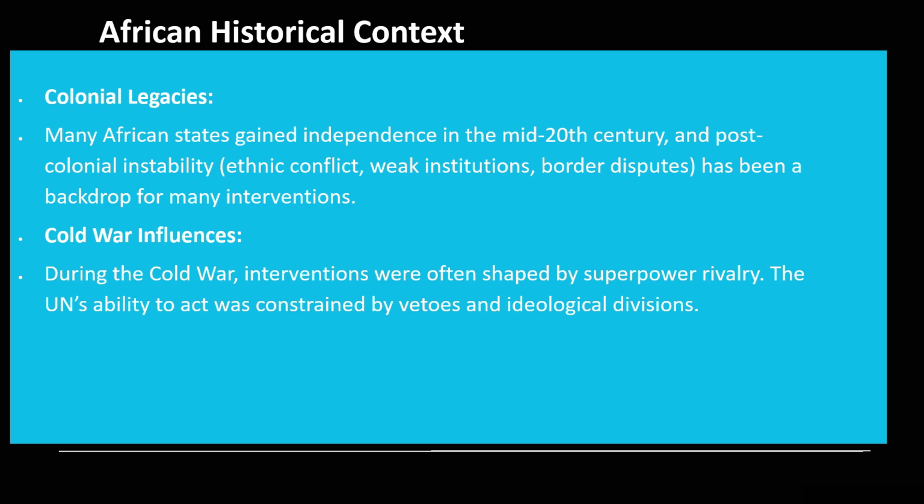Because of that, many of those countries immediately after independence resulted in civil war. They went into civil wars and they had disputes, border disputes and things like that, which became the major reason why the United Nations intervened in some of these countries. They also had Cold War influences. During the Cold War, interventions were often shaped by superpower rivalry.